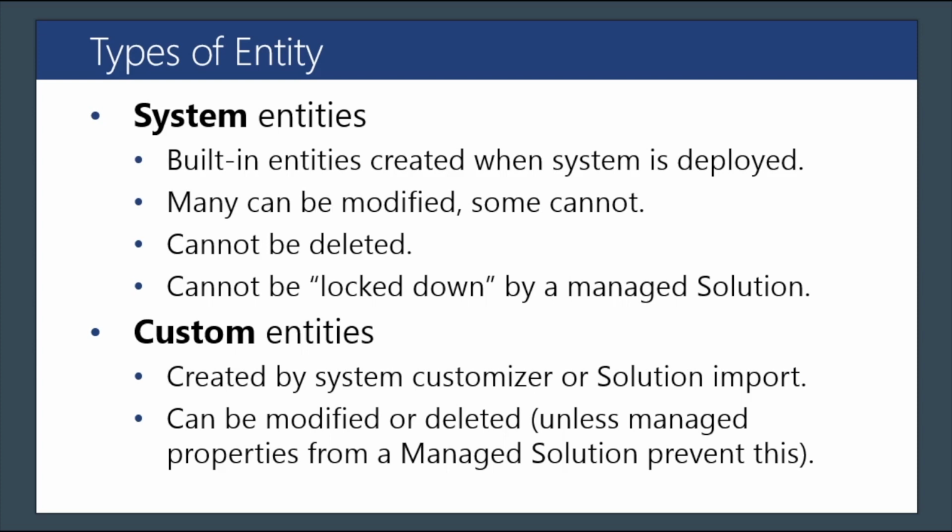And then, of course, you have the ability to create your own custom entities. These can be created within the tool, or they can be created as part of a solution import. But these are where you may need information that is related to other information that you have in the system that's not represented by one of the entities that is provided out of the box.